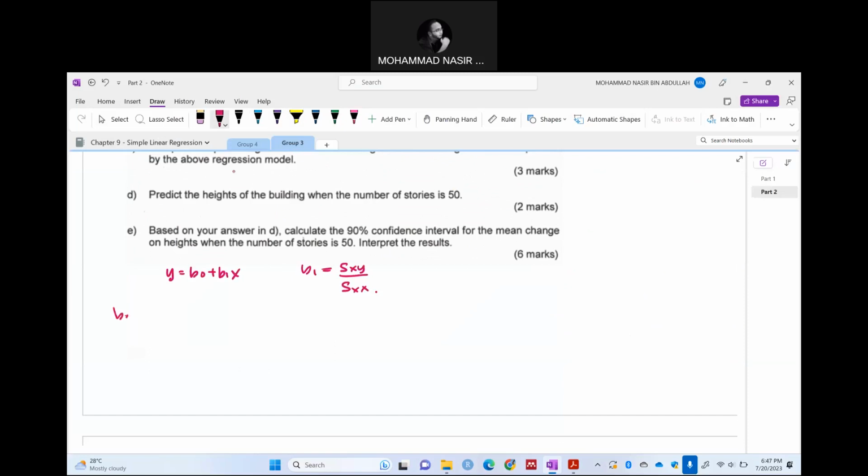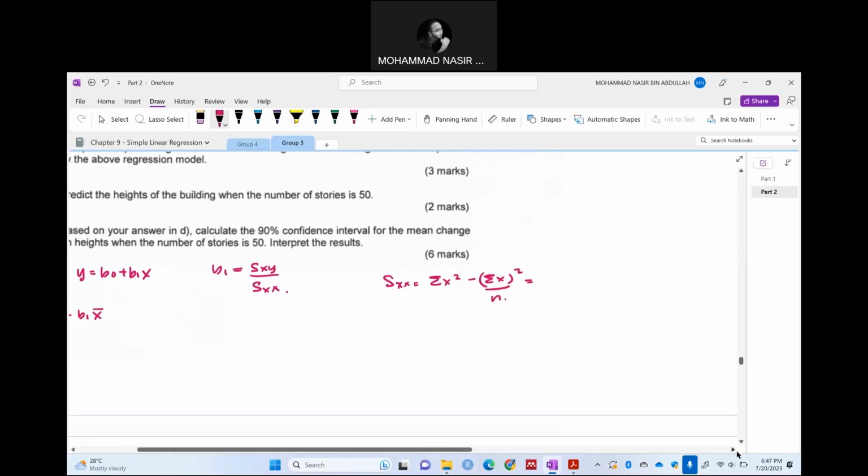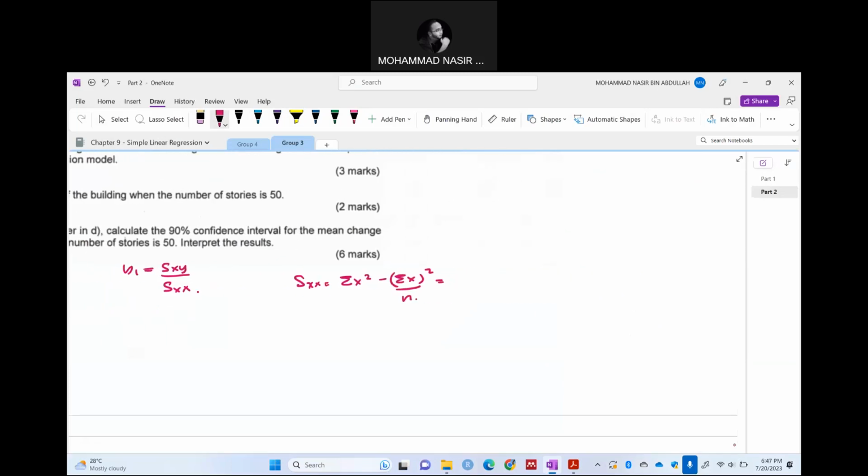And beta naught is equal to y bar minus beta 1 x bar. So Sxx is equal to summation of x square minus summation of x, squared, divided by n. So this one should be equal to, so you plug in the value into calculator.